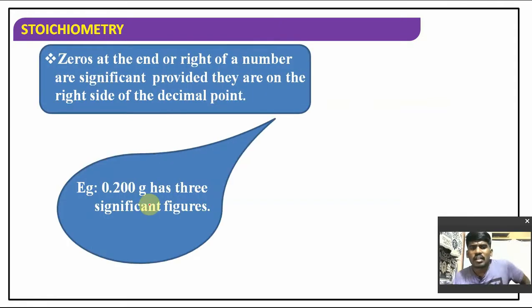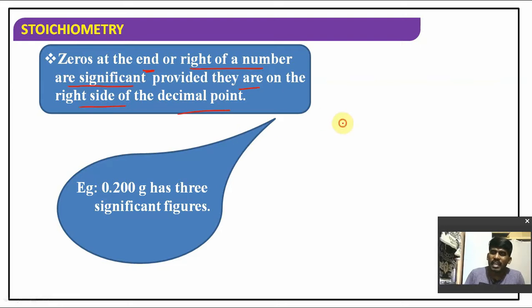Now, another one: zeros at the end or right of a number are significant provided they are on the right side of the decimal point.